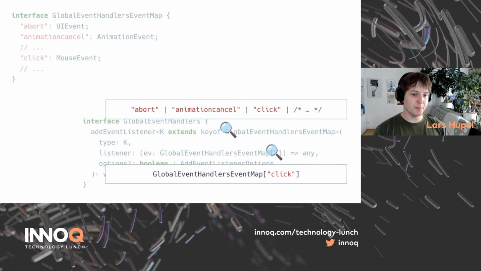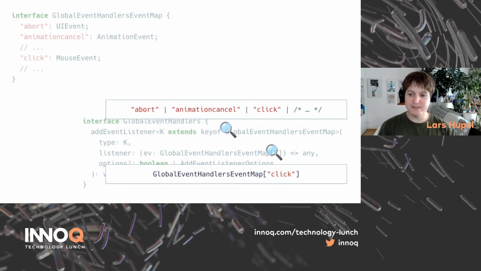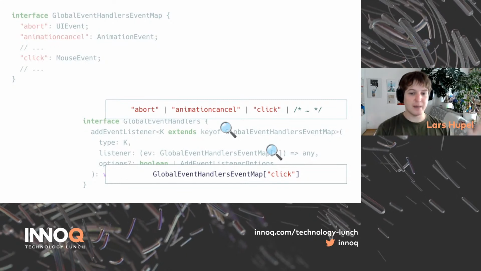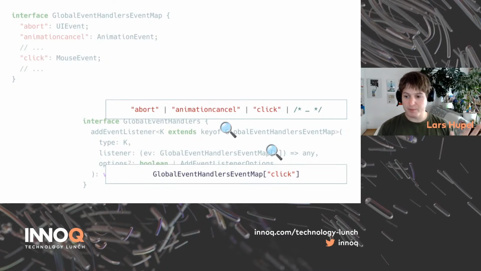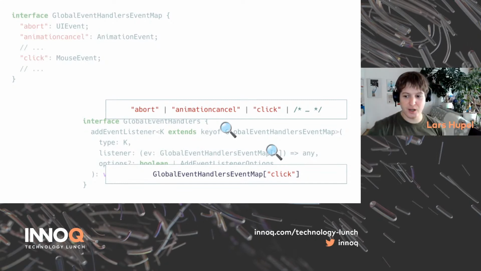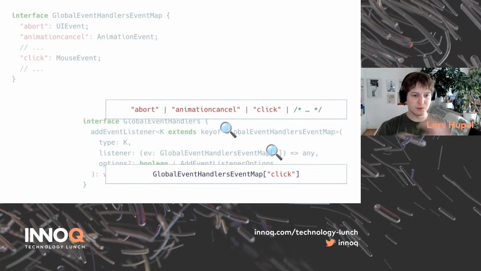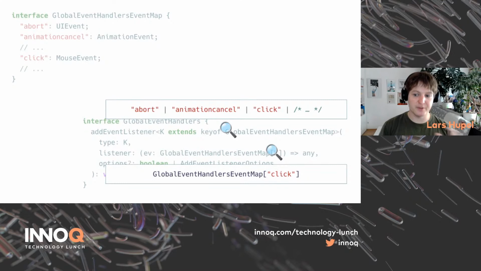So what we're seeing here is a computation on a type level. It's an index access at a type level. So there's nothing happening here at runtime whatsoever. There's no GlobalEventHandlersEventMap object that TypeScript somehow sneaks into your code and gives you additional runtime overhead or something like that. All of that's happening completely at compile time.